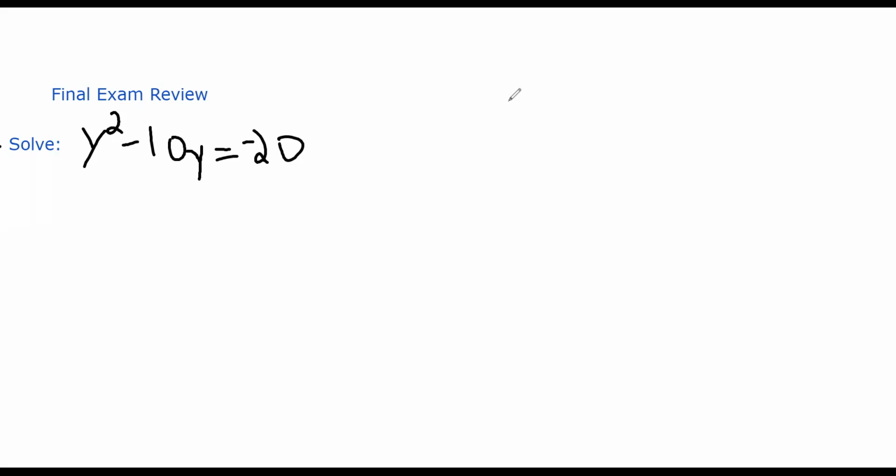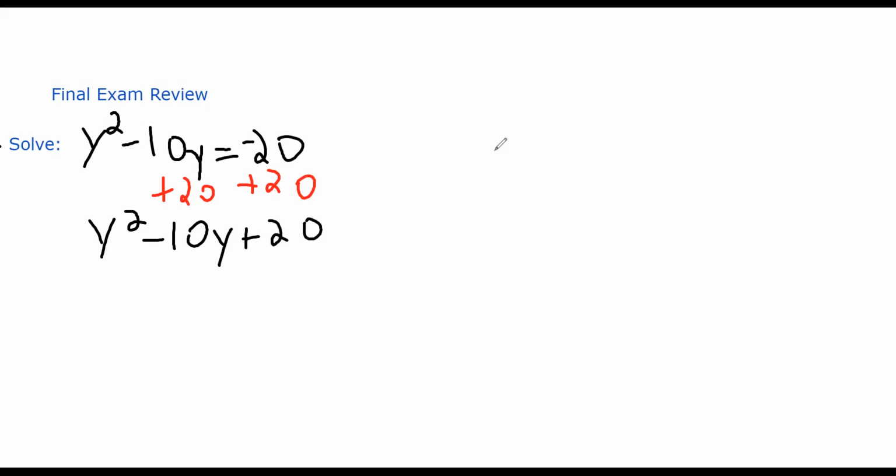And so what I'm going to do is add 20 to both sides so that it's set equal to 0. That's what I want. y squared minus 10y plus 20 equals 0.